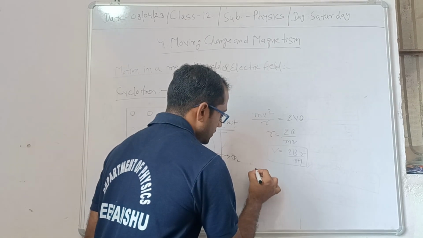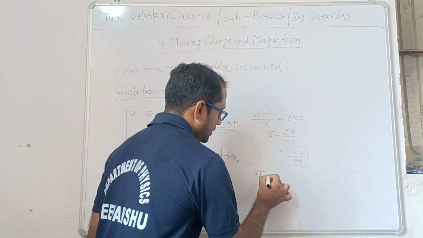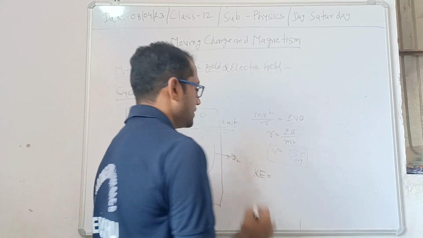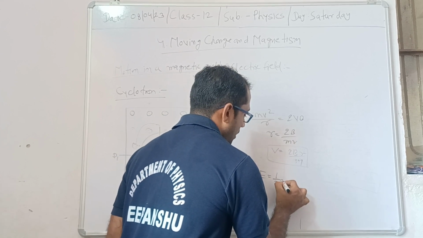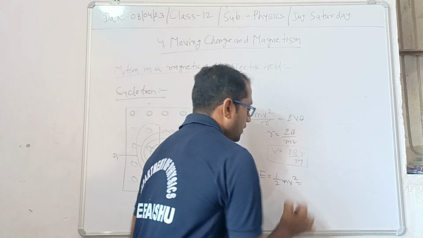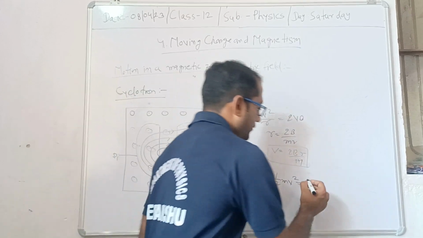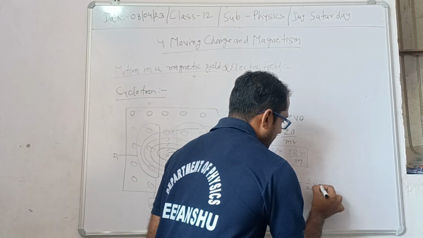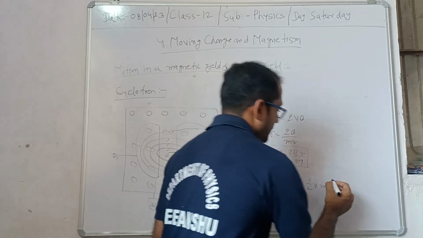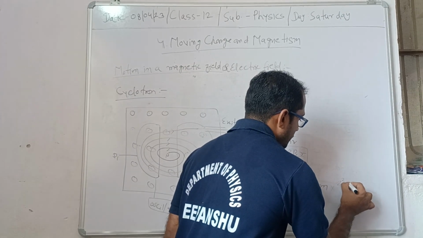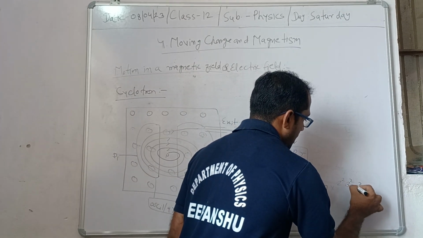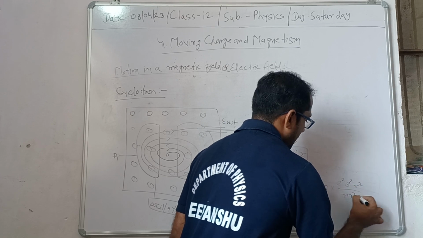Because this particle is in motion, we use the kinetic energy, which is half mv square. Because we know the value of v, we put the value of v here, and we get half m, and v square is q square B square r square upon m square.